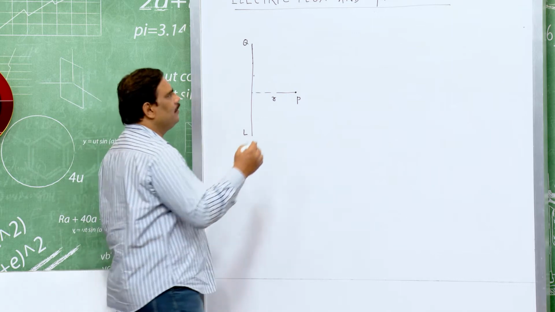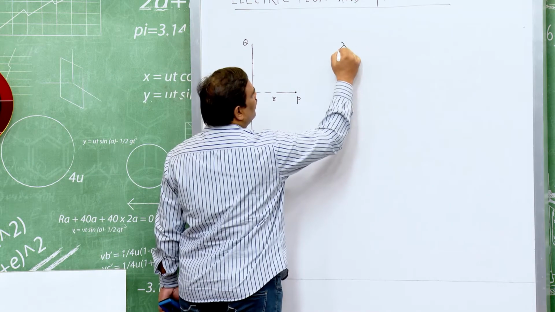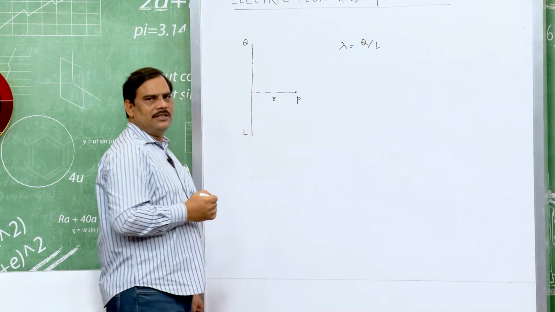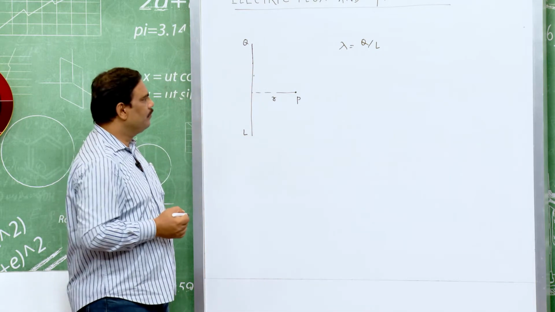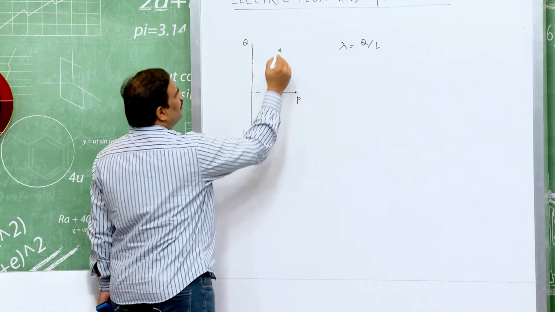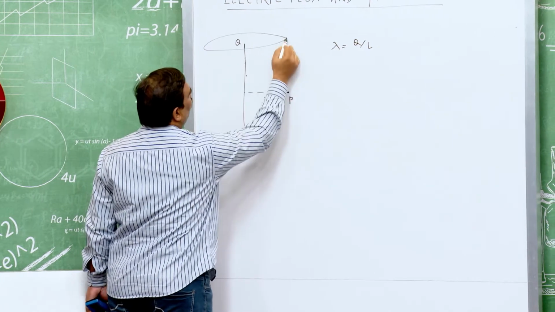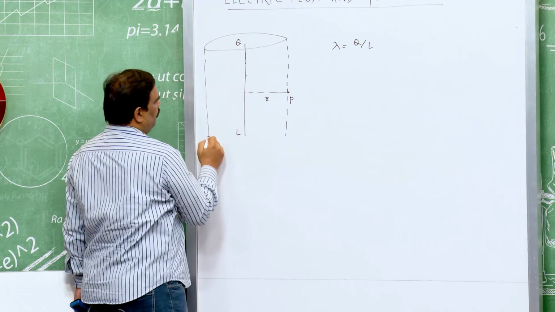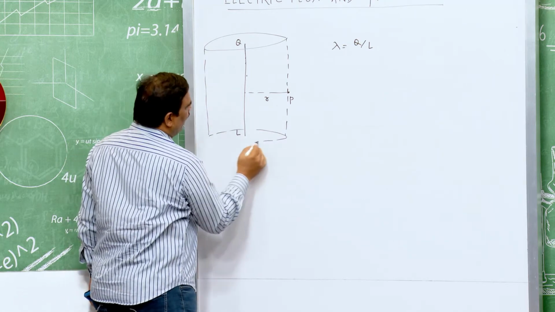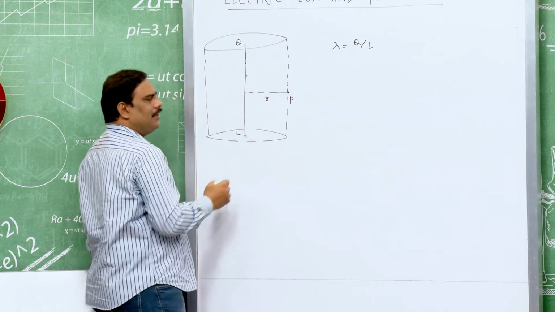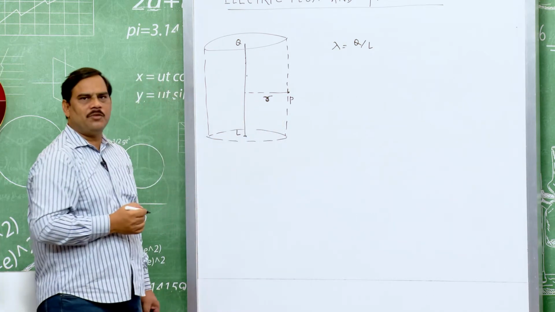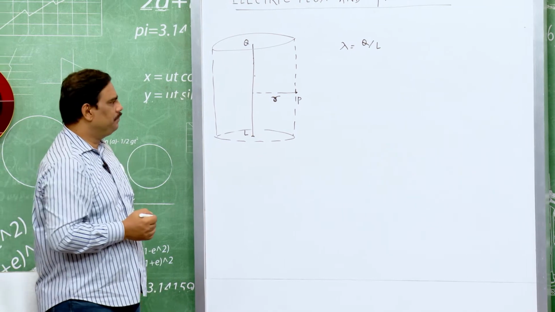We define the linear charge density lambda as the charge per unit length, q by L. Let us consider a Gaussian cylinder of the same length L and radius equal to the distance of the point P from the axis.